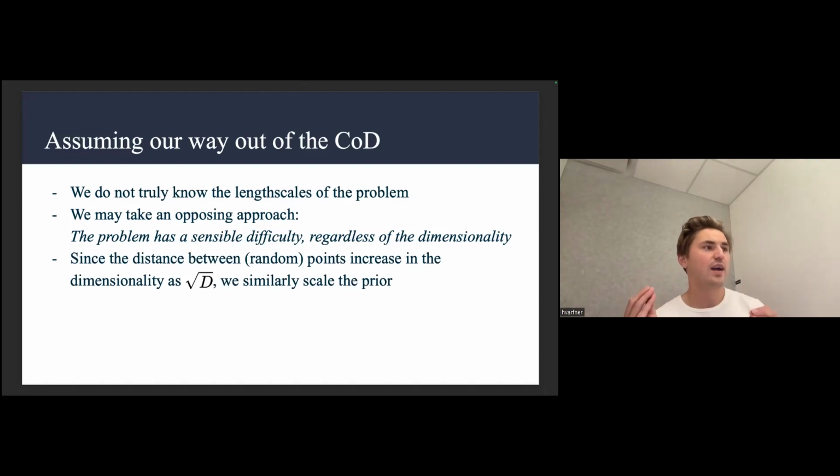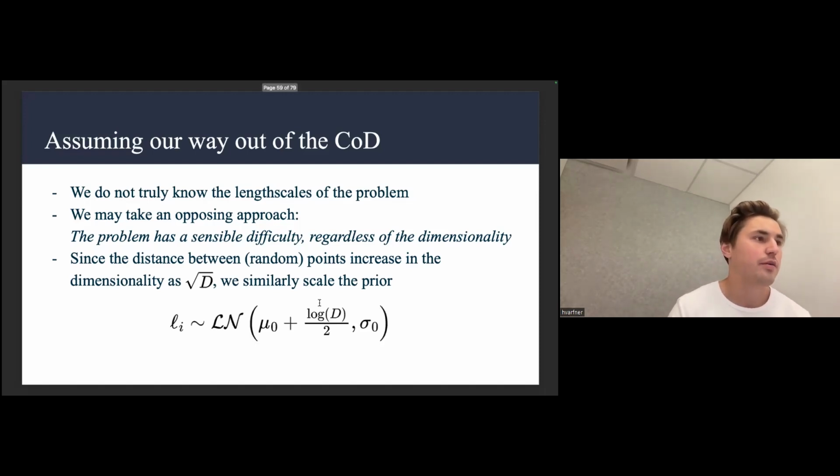So it's a well-established fact that the distance between random points increases as the square root of d as we increase the dimensionality. So by adding one more dimension to our hypercube and sampling randomly, the distance between those points will increase by the square root of d. Which means that as this box increases in size, we can scale down the absolute volume of the box by scaling the length scale prior accordingly.